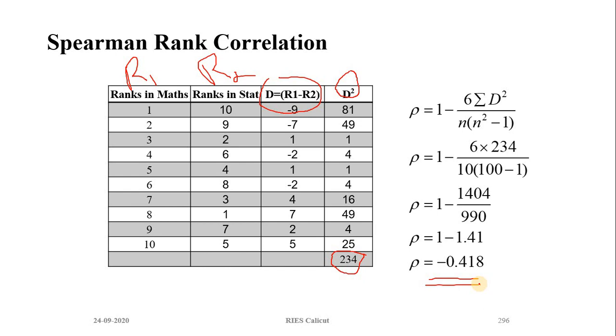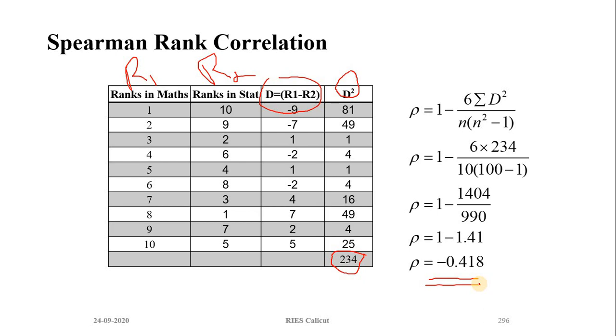That means those who are getting higher marks in mathematics are not able to score good marks in statistics, and those who have scored very good marks in statistics are unable to score good marks in mathematics. So this is the concept of rank correlation. Why do we need rank correlation? Because there are situations where the ranks or order of the variables are available, not the actual data.